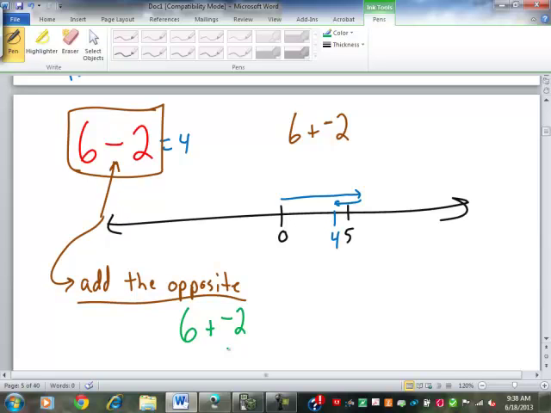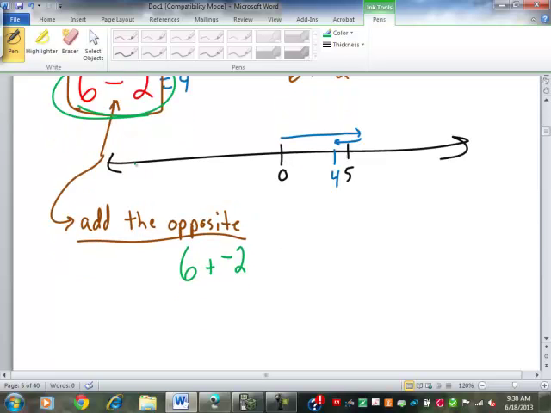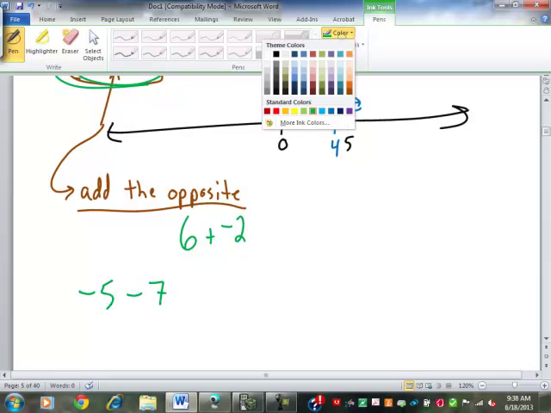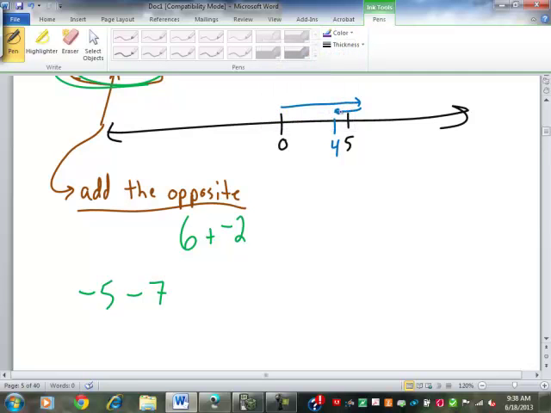Now, for the most part, it's easier for us to just do 6 minus 2 because we're used to doing it. But when we start throwing in the negative numbers, for example, if I had negative 5 minus 7, here it might be easier for us to think of this as negative 5 plus, what's the opposite of 7?